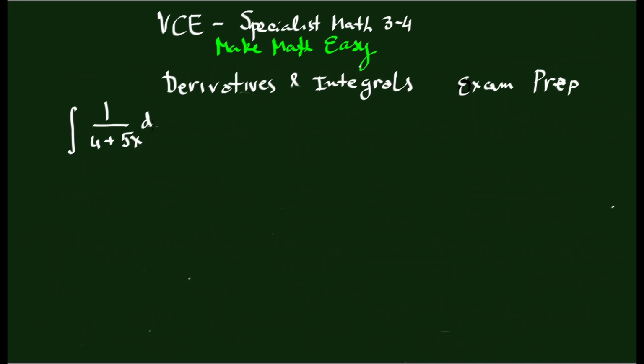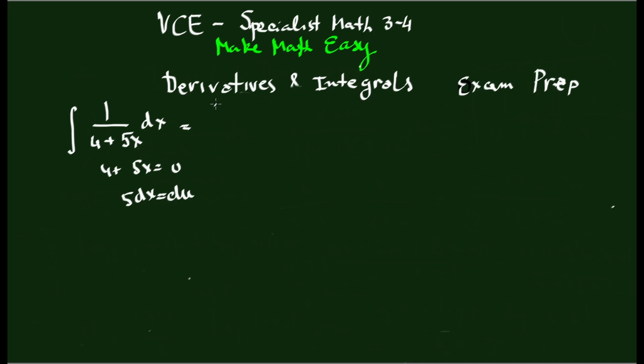5x dx. So we'll do obviously a substitution. So 4 plus 5x is our u. Now du becomes 5 dx. Obviously that's substitution because about 1 dx, 5 dx, you can take 5 out in front of the integral.